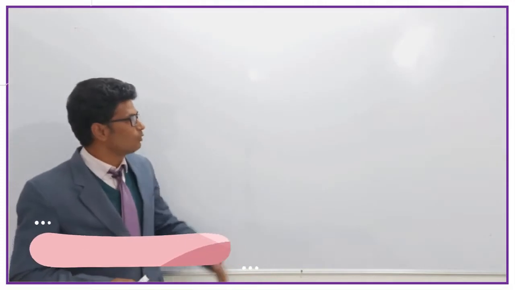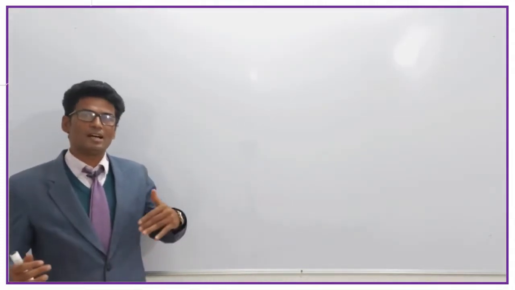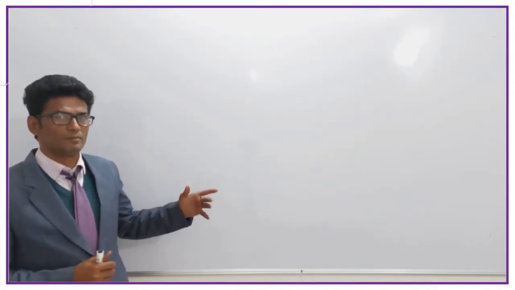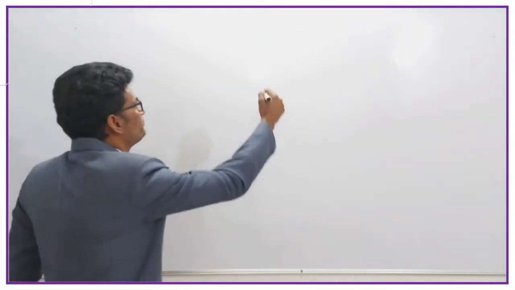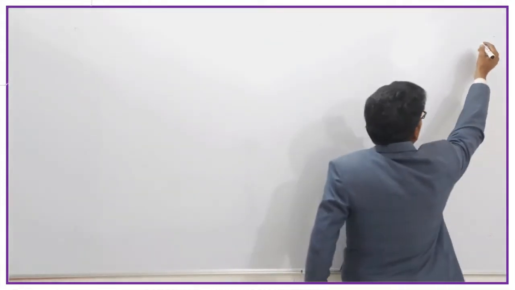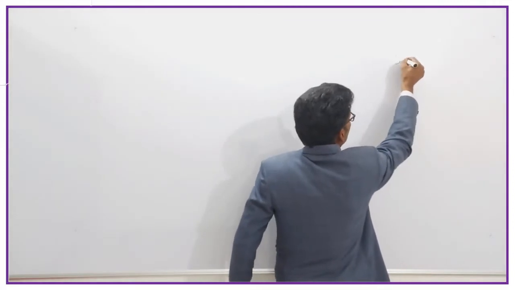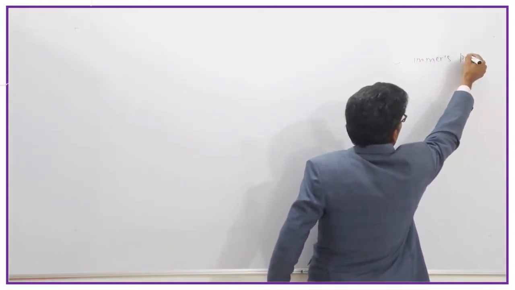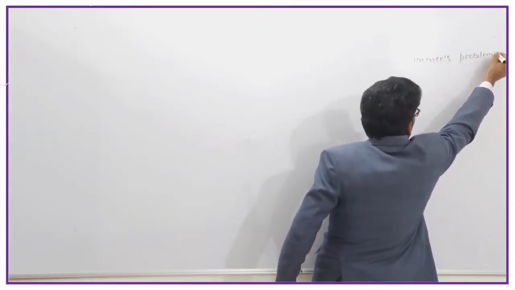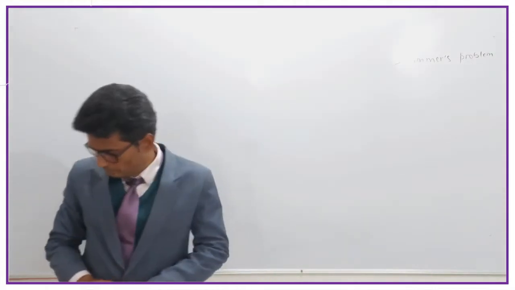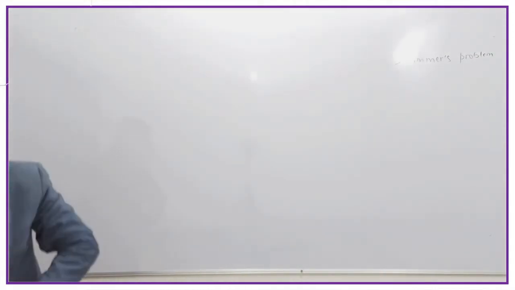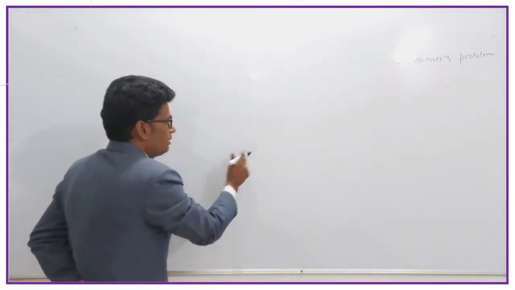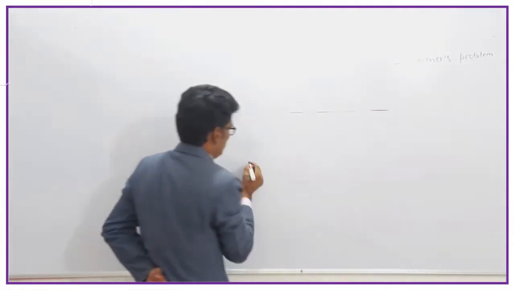So now we are going to take a very ideal river in the discussion of swimmer's problem. Look at now. Heading is here, swimmer's problem. So here the river is a very ideal one.